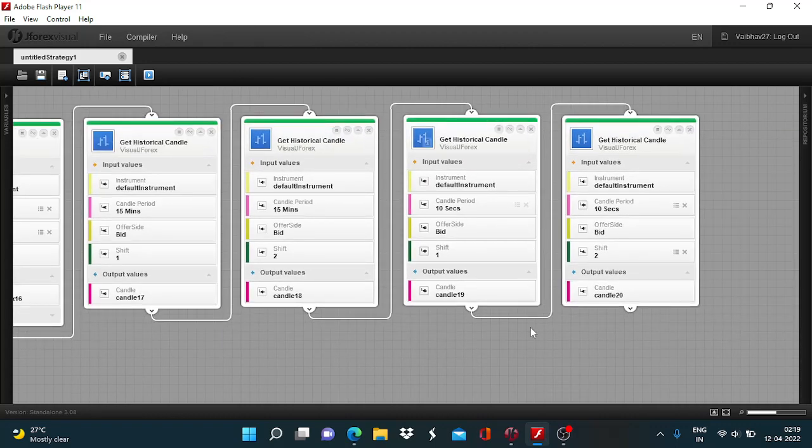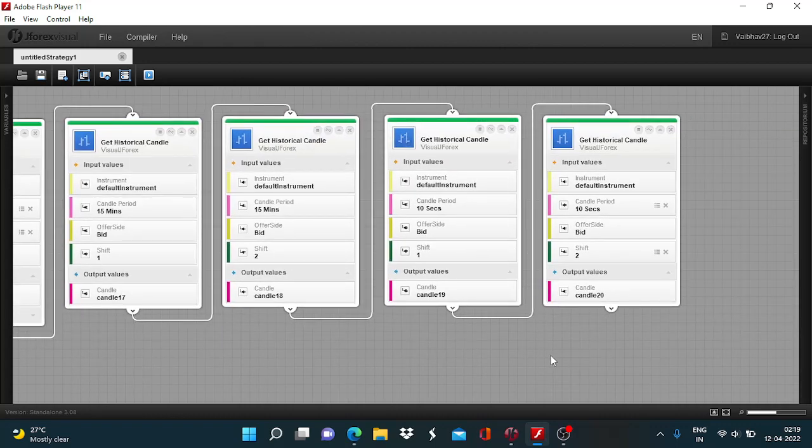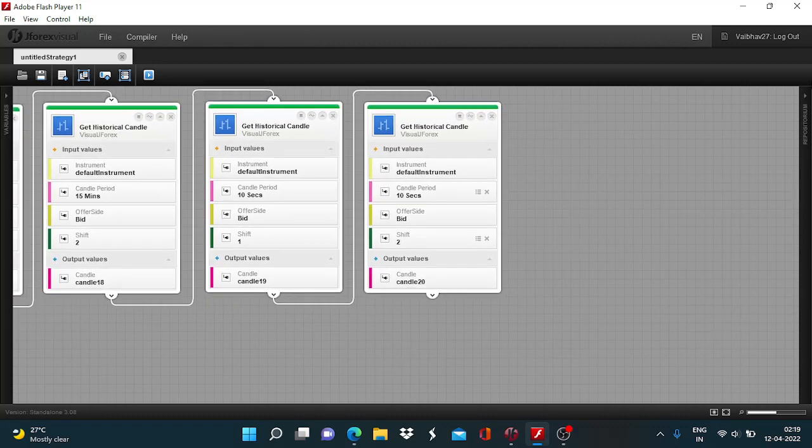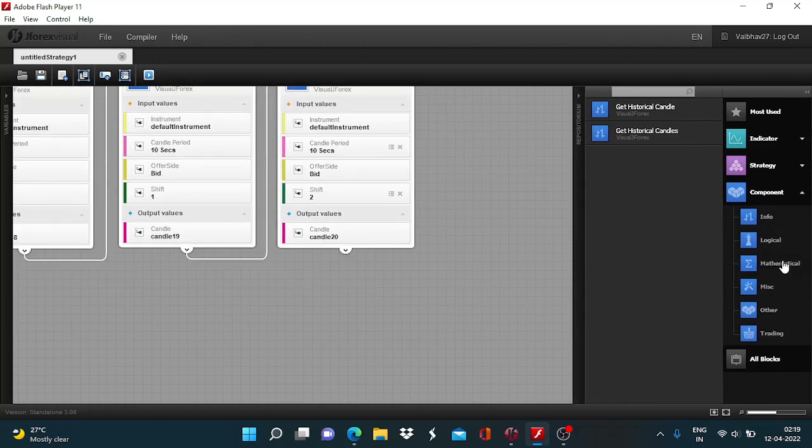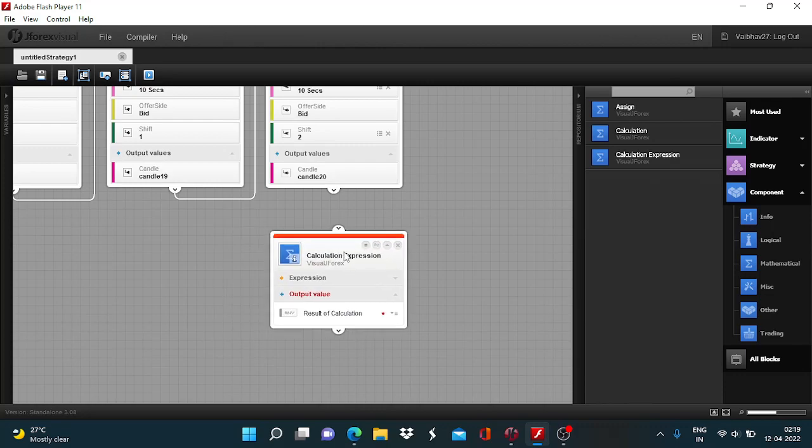Now we will consider the actual difference. For that, we will have to carry out some calculations. For that, we are going to need calculation expression blocks. So I'm going to add mathematical components.